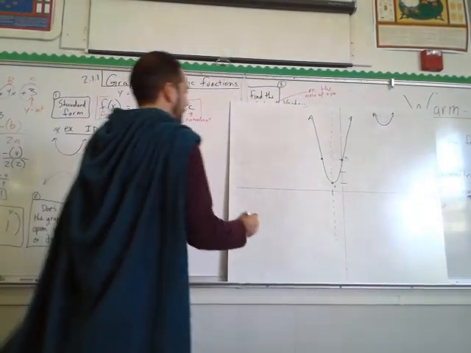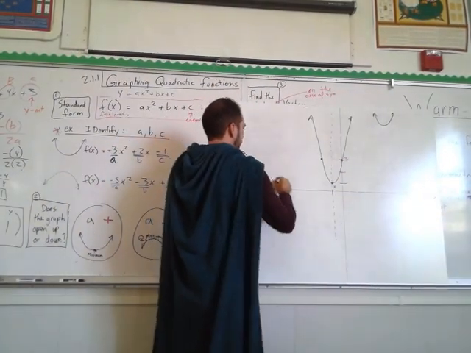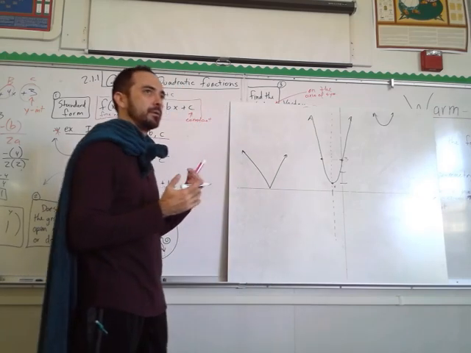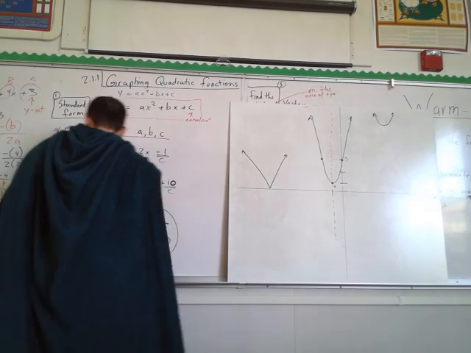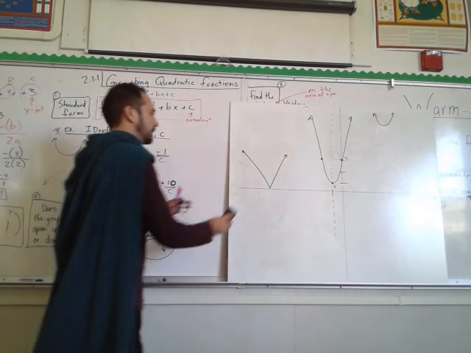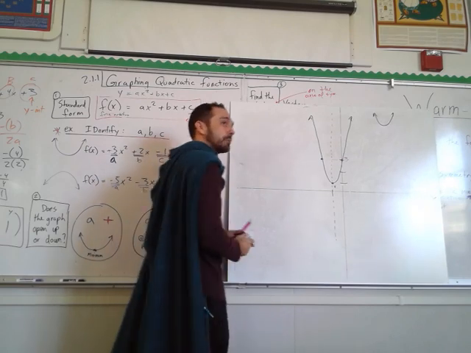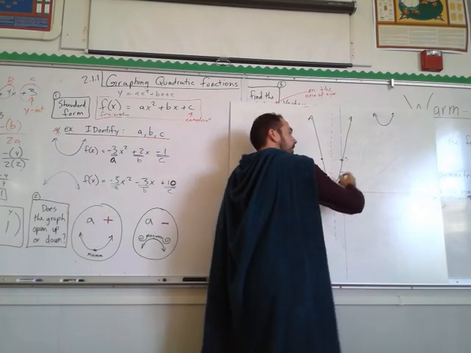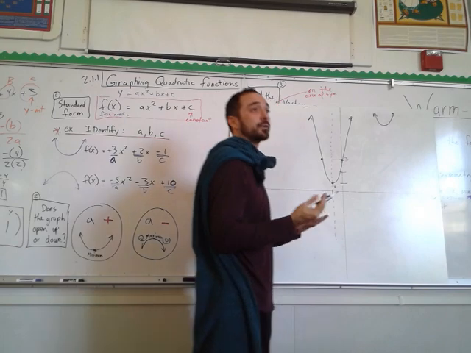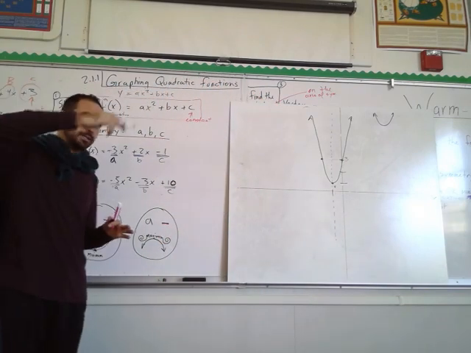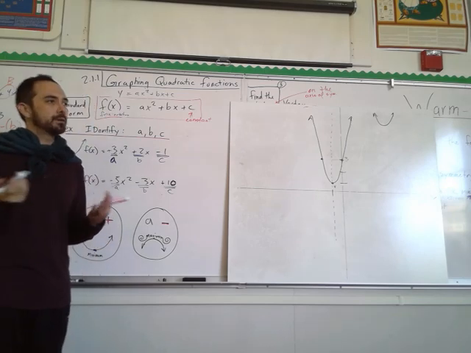The only way we're going to end up with a graph that looks like this is if we're taking the graph of a square root. So we'll get to that in a couple months. But for now, I want you to think of parabolas. They have the curve at that bottom. It's like an arch. So when you're just jotting them, they don't have to be perfect graphs, but I want to see that curve on the bottom. You'll get used to drawing those.